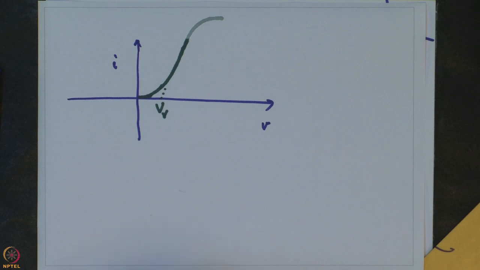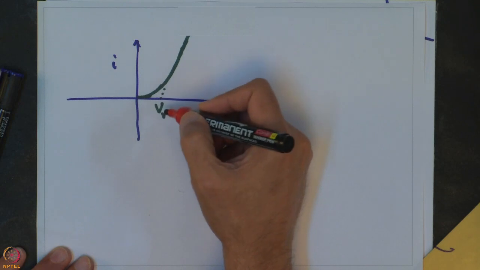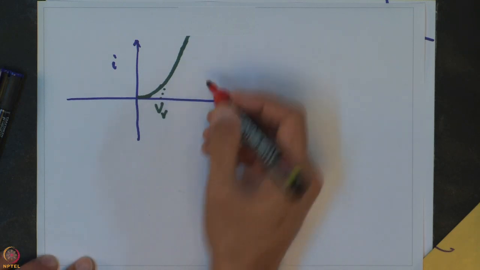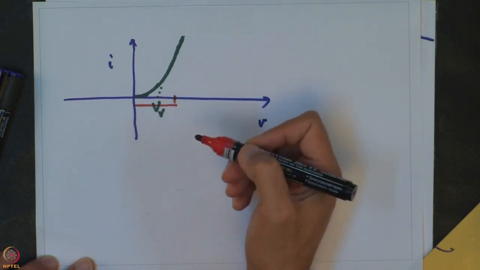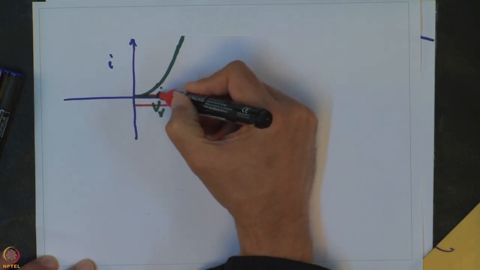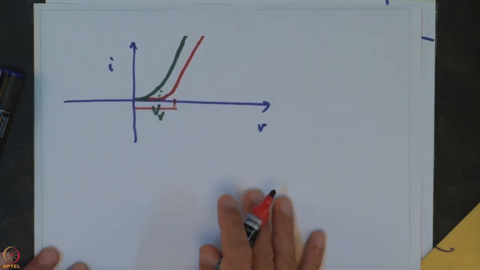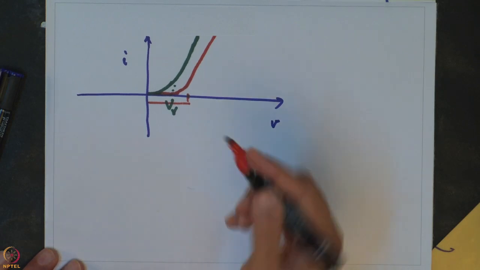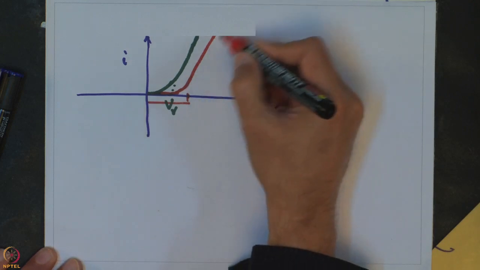What you will find in the power diode, however, when you try to measure its characteristics I versus V, is that first of all the value of this cut-in potential is going to be 1 or 1.5 volts. So, this is going to be more. Let us say I just magnify and show you. The characteristic would be something like this. What you see in this drawing is that the red characteristic of the power diode is more linear.